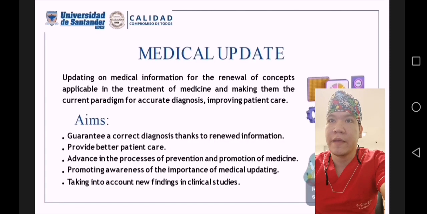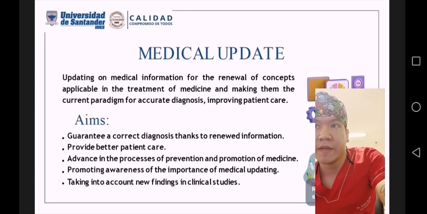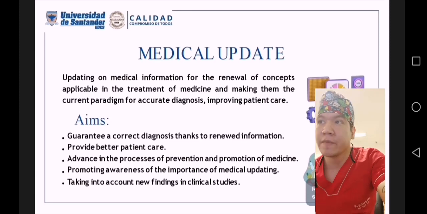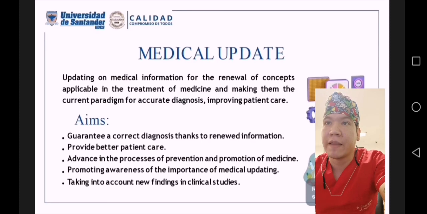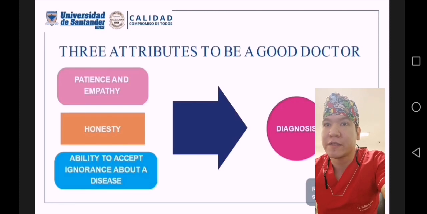And the medical update. Why do we have the medical update? For renewal of concepts in the treatment of medicine; it is important because the patient needs treatment for the pathology, making the current paradigm one of accurate diagnosis. We have three attributes to be a good doctor. The first one is passion and empathy.